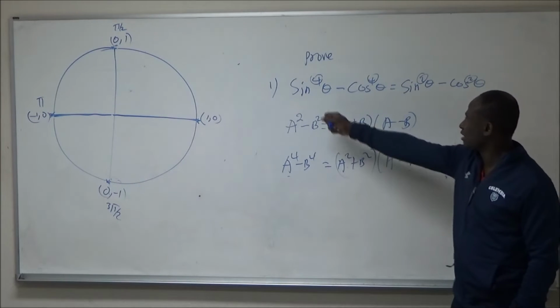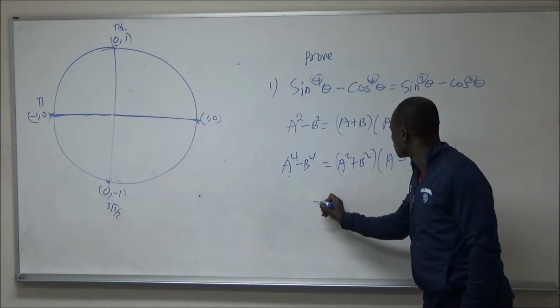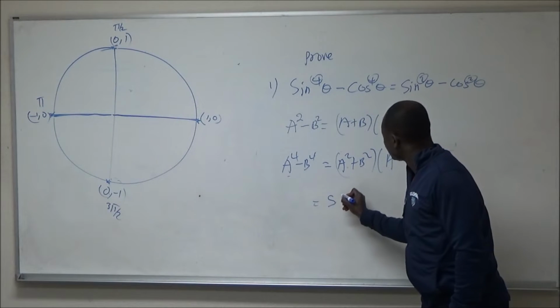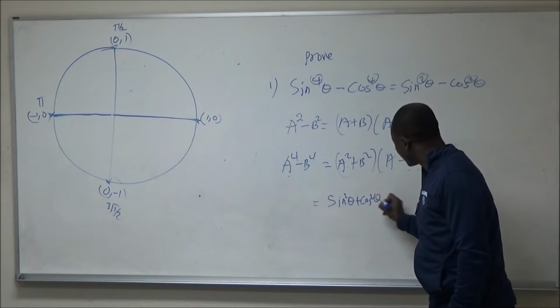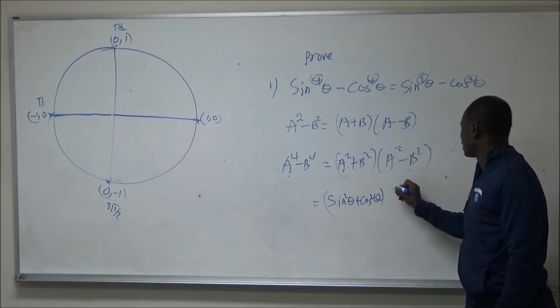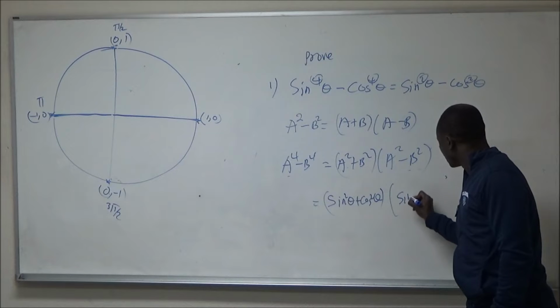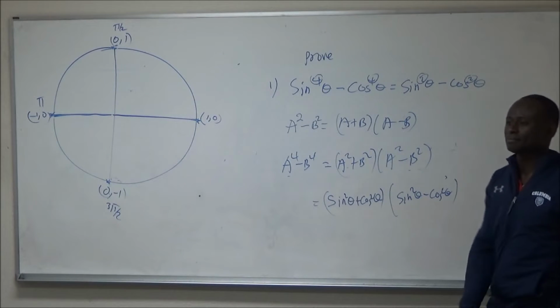Right? So we are saying here a is sine, and b is cosine. So this becomes sine squared theta plus cosine squared theta, and then you begin to get excited because there's something with this. And then this is sine squared theta minus cosine squared theta.